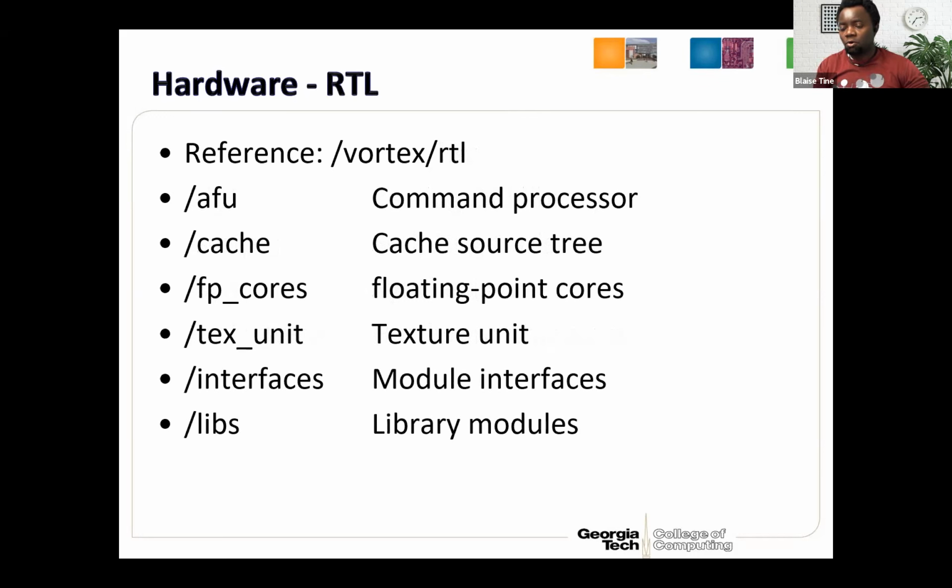The RTL code base includes the AFU, the command processor that I described earlier in the previous presentation. There's a folder where we have the cache source trees. The FP cores folder is where we store all the floating point unit cores.